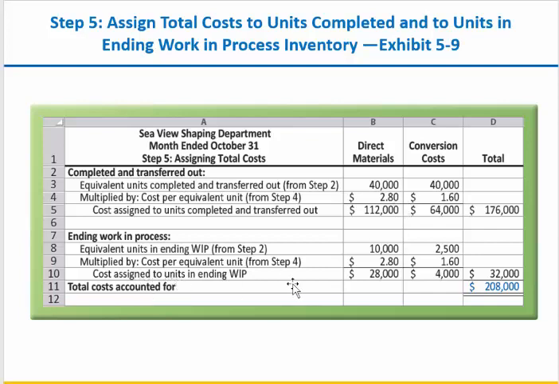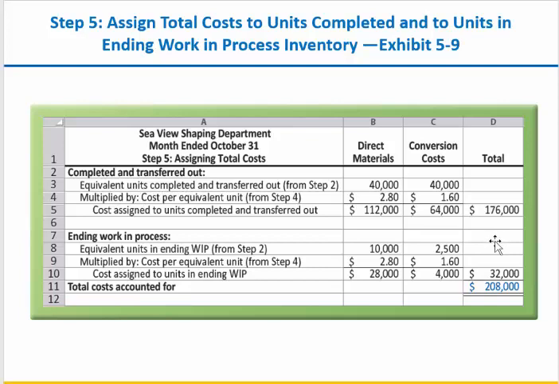So for the cost assigned, you multiply 10,000 by the unit cost and 2,500 by the unit cost. Then you add these numbers horizontally, adding direct materials to the conversion cost to figure out the cost of goods manufactured, which is going to be 176,000 for the 40,000 units completed and transferred out.